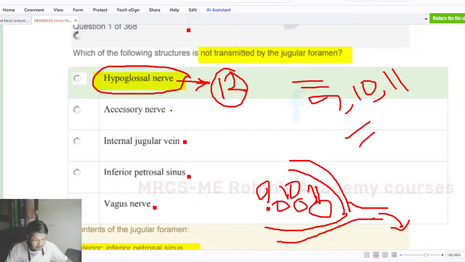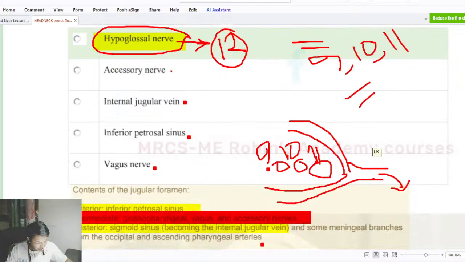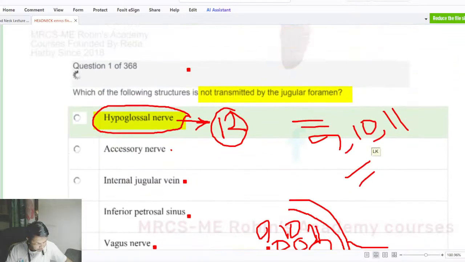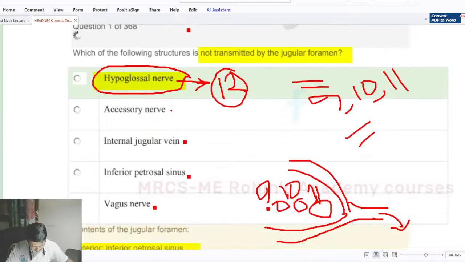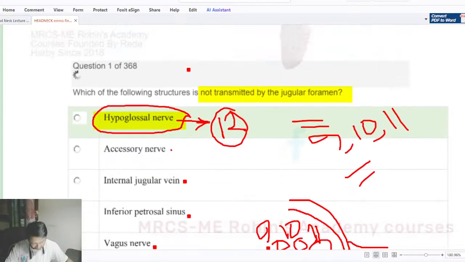Can't see. Okay, I'm sharing. Can you see the screen? Loading content now. Total 368, but 309 pages. Can you see, Dr. Asif? Yeah, I can see now.